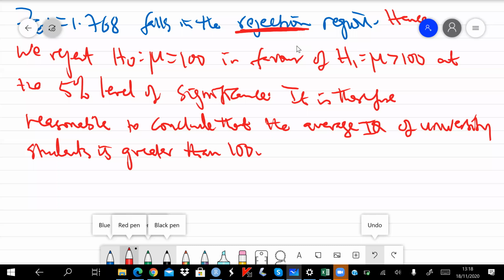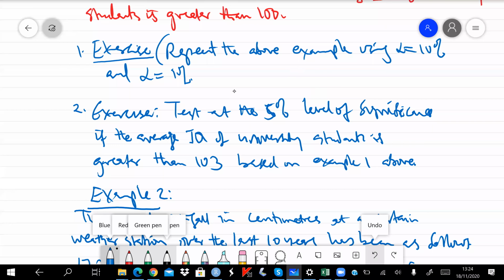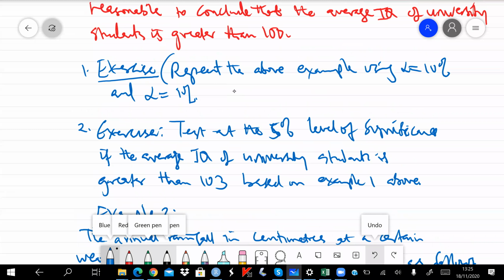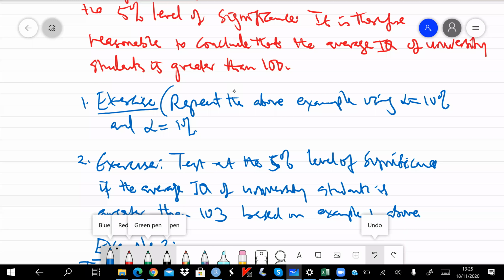So any question? Before you go to example 2, you try these exercises. Repeat the above example using alpha is 10% and alpha is 1%. That's the first exercise.